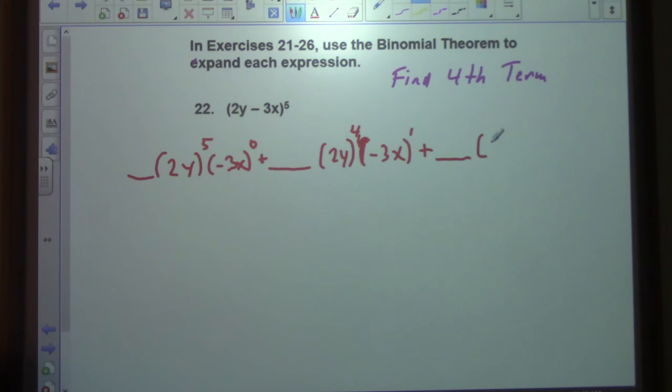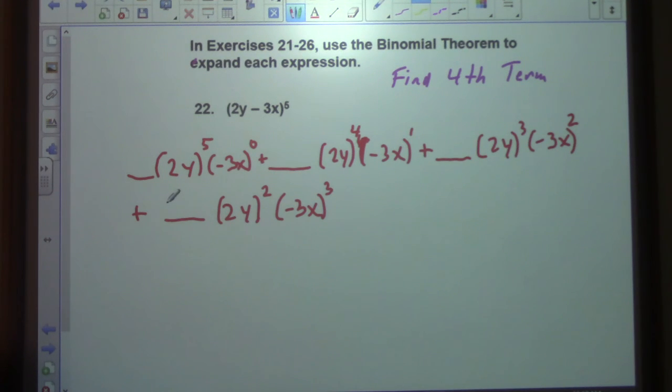So now we have 2y to the third power, and then we have negative 3x to the second power, and then finally we have plus something 2y to the second power, and then negative 3x to the third.